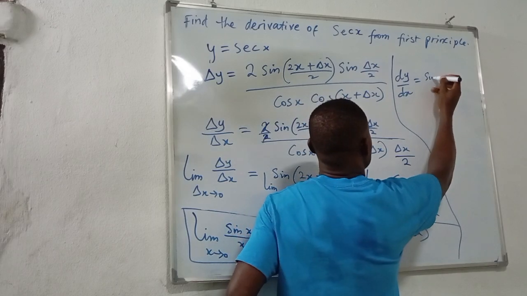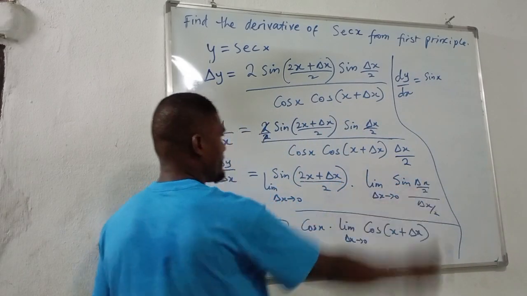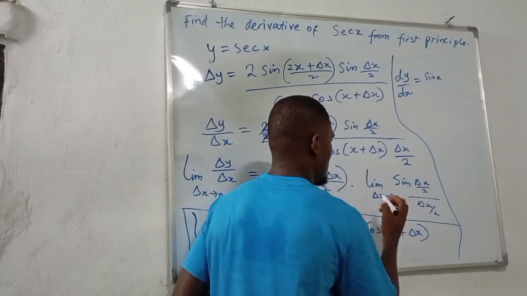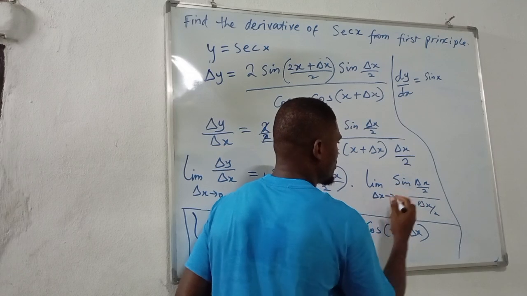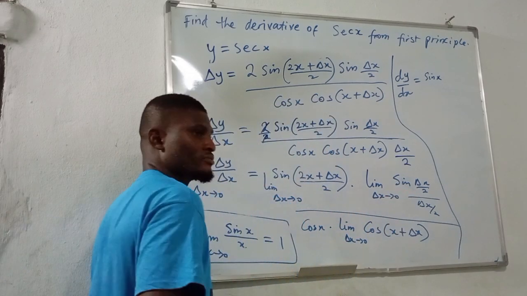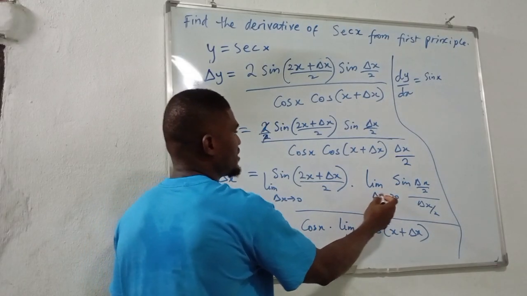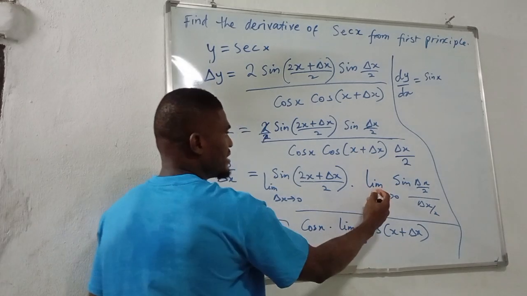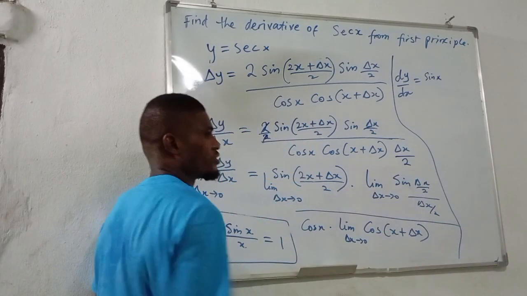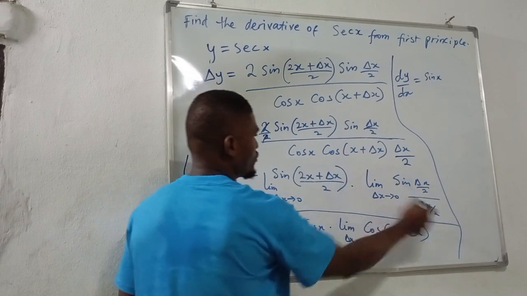So we have sine x multiplied to, this is 1, right? Limit of this is 1 because limit as dx tends to 0. So the limit of dx over 2 would also be tending to 0. The limit of dx, if the limit of dx is going towards 0, then dx over 2, which is 0 divided by 2, will still be tending towards 0. Alright, so now this is going to give us 1.